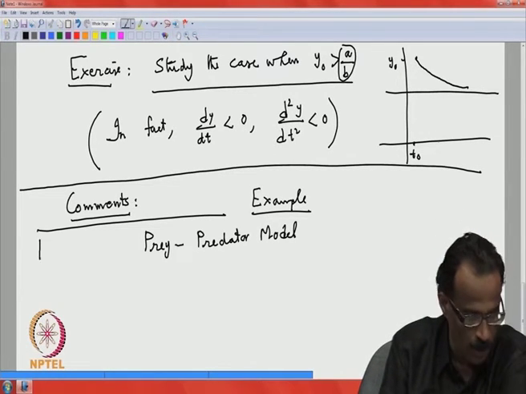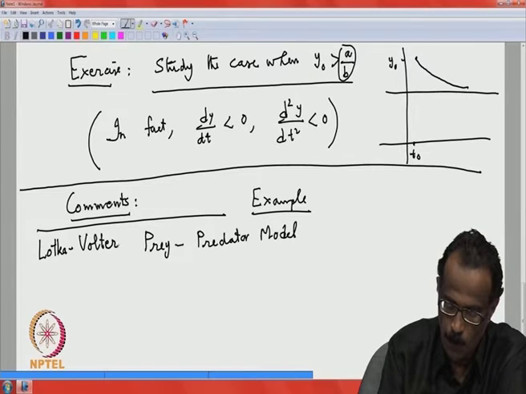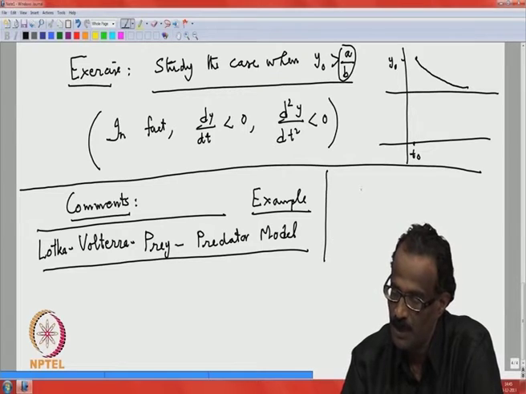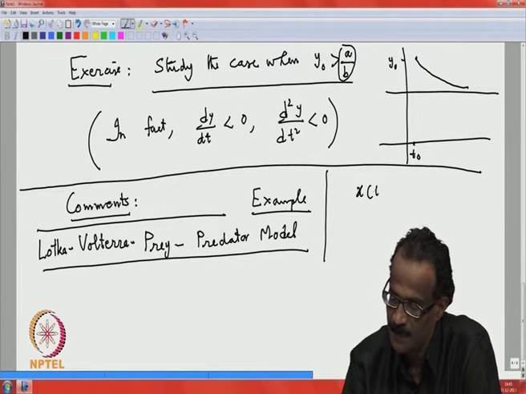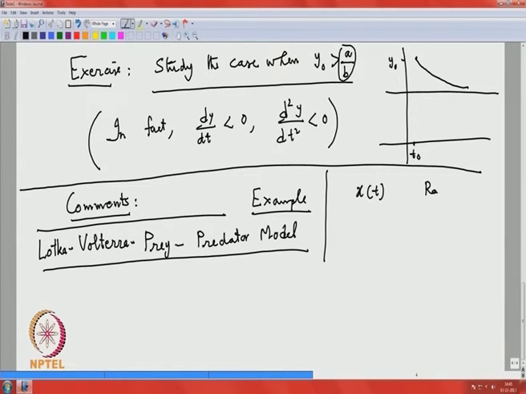It is also called the Lotka-Volterra prey predator model. In this example you have two species: x t is species 1, the prey, you can think of it as rabbits, and y t is the population of the predators, foxes if you want.